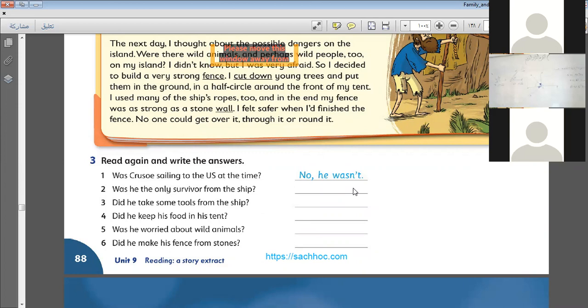So he kept the food in the cave, not in the tent. So did he keep his food in his tent? No, he didn't. So he kept his food in the cave. It is in line number 15 and 16. Thank you, teacher. Welcome.